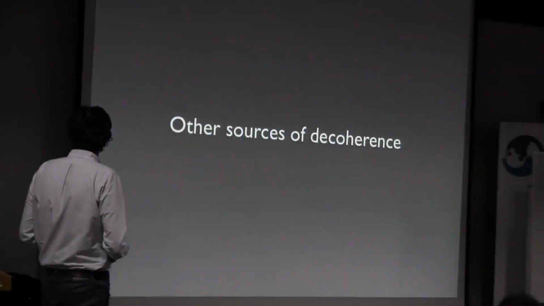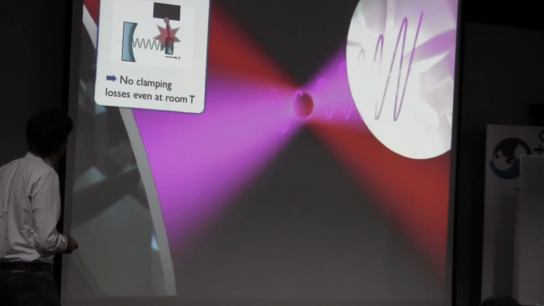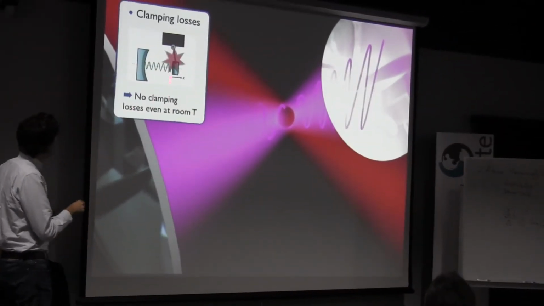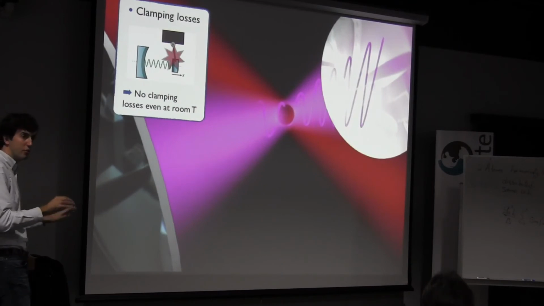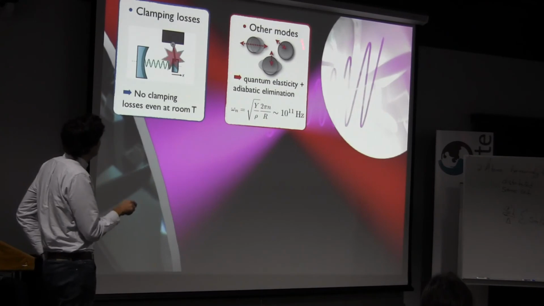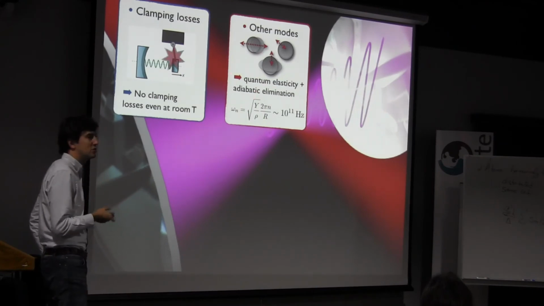Okay. So I would like to make a summary of other possible sources of decoherence. As I said, we don't have clamping losses because it's levitating, and therefore there are no clamping losses even at room temperature. That's of course a nice thing. The coupling to other internal modes is negligible because these internal modes have huge frequencies.